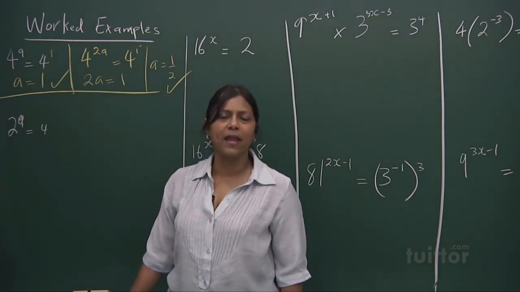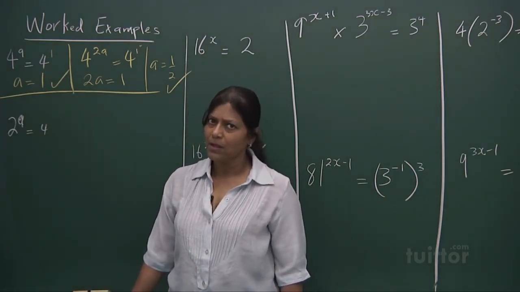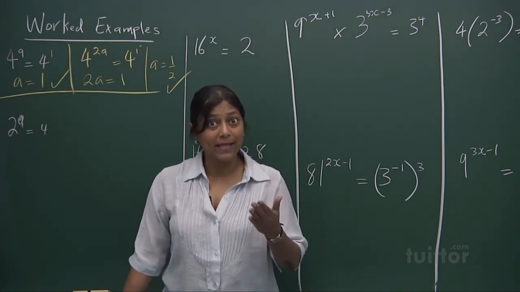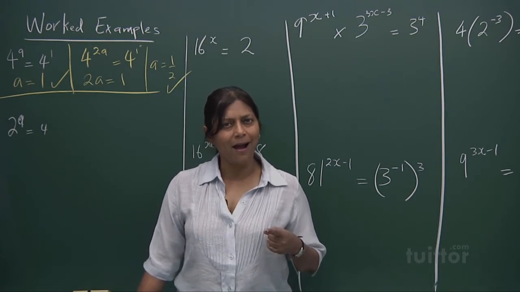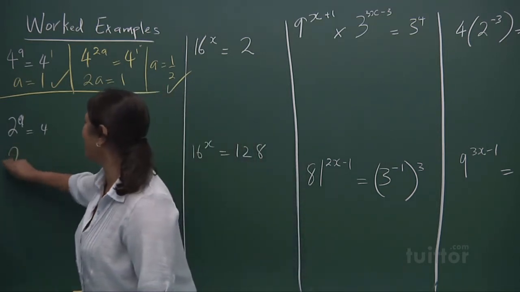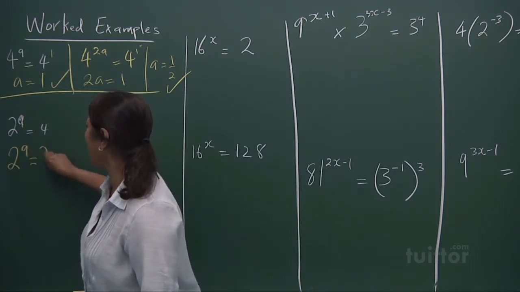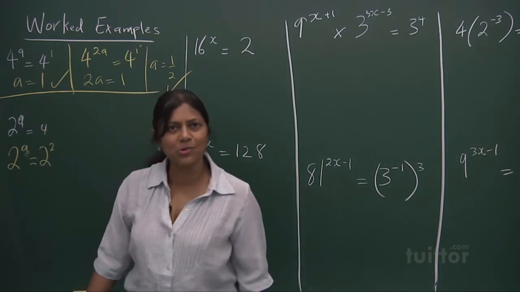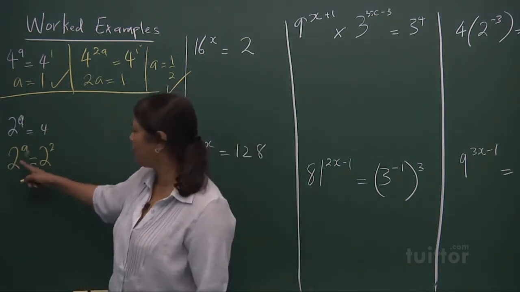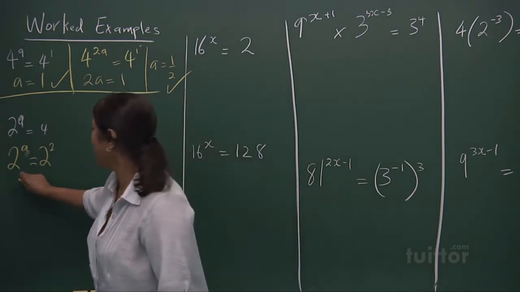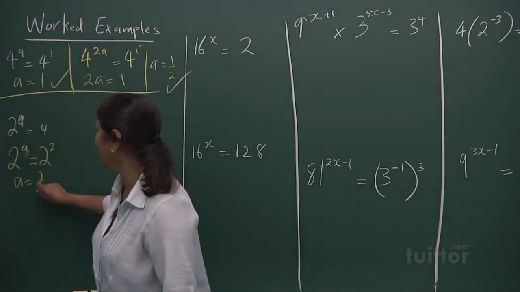2 to the power of A is 4. What is 4? Is 4 related to 2? Very easy, right? 2 squared. So 2 to the power of A is 2 squared, and they're both 2 and 2. So what is A going to be? A is 2.